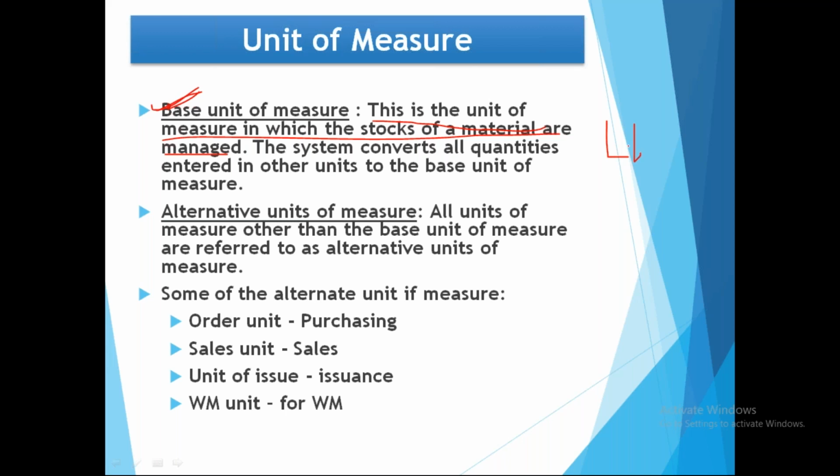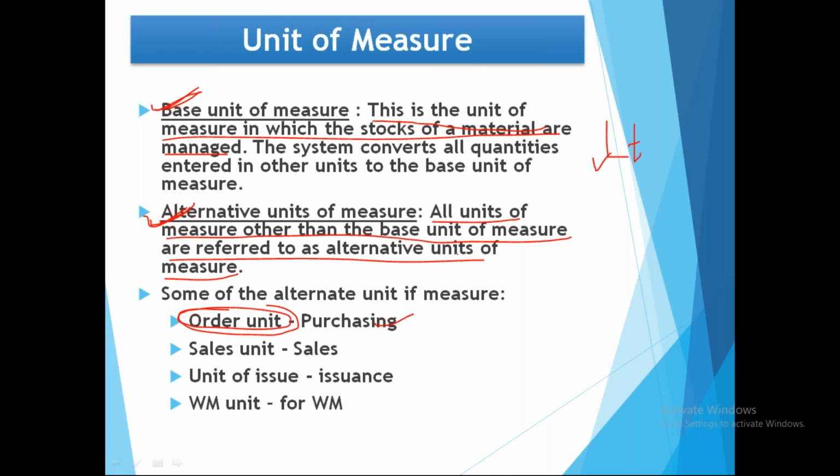I maintained it in liters. Now there are some other units of measure which are called alternate units of measure. What is an alternate unit of measure? All units of measure other than the base unit of measure are referred to as alternate units of measure. Let's say when you are purchasing, you order from the vendor in drums.